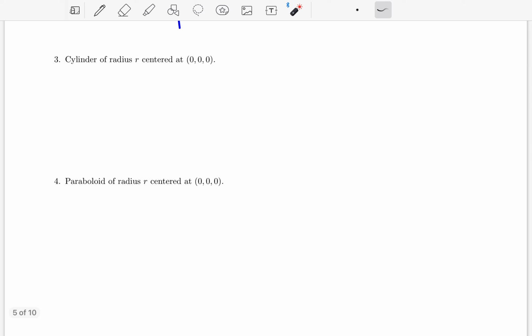Now with a cylinder, I have both here, a cylinder and a paraboloid, because they look very similar, but they're not, okay? So you're not going to get a function in 3D that looks like a cylinder, because you know that the equation of this is x squared plus y squared equal to r squared. And then in order for this to turn into a three-dimensional situation, you have to assume that z is free.